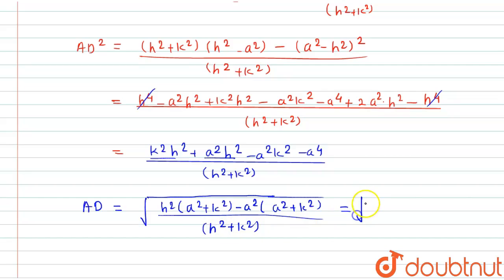Further simplifying, we get a square plus k square in one bracket and h square minus a square in another bracket, divided by h square plus k square. So this is what we found for AD.